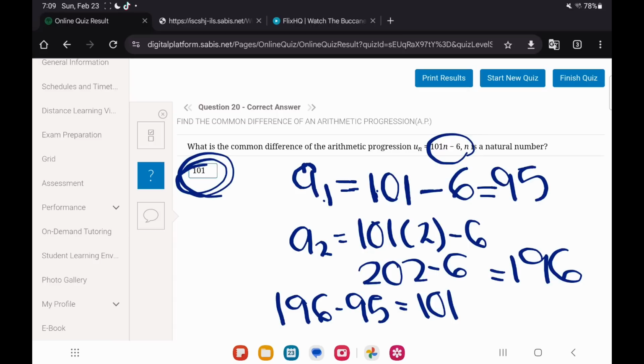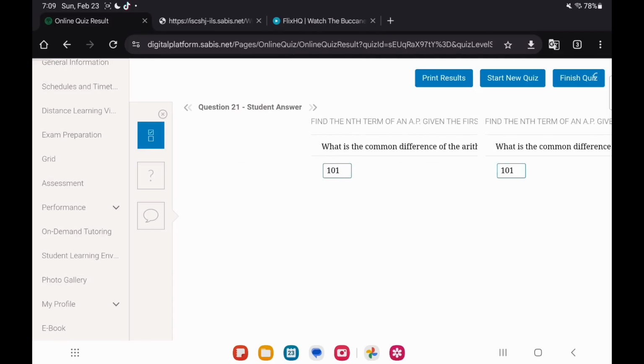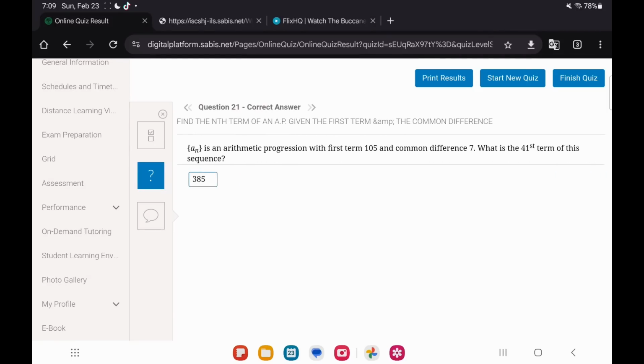And that's your answer. And if you want to make sure of your answer, do A3 minus A2. If it's the same value, that means your answer is right. This one is kind of the same thing as the first one we did. So the formula is an equals a1 plus n minus 1 d.